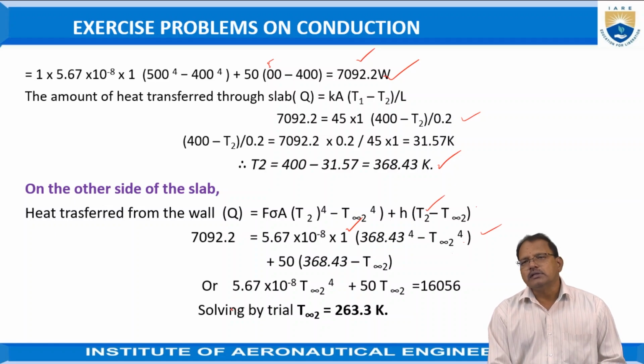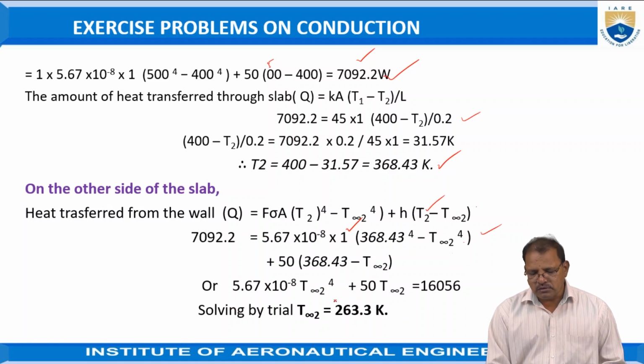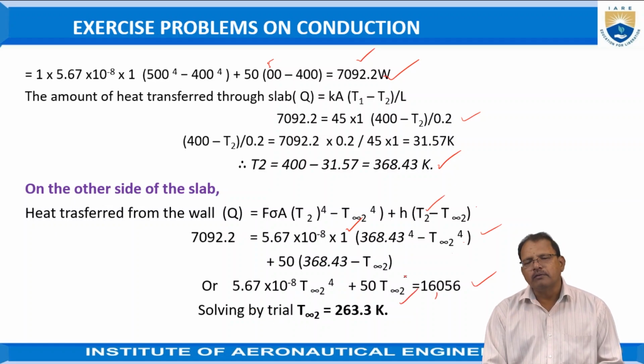So we get an equation in terms of T alpha 2, which is 5.67 into 10 to the power of minus 8 T alpha 2 to the power of 4 plus 50 into T alpha 2, equal to 16,056. This can be solved using the quadratic formula, minus B plus or minus the root of B square minus 4AC, but generally it can be solved by the trial and error method.